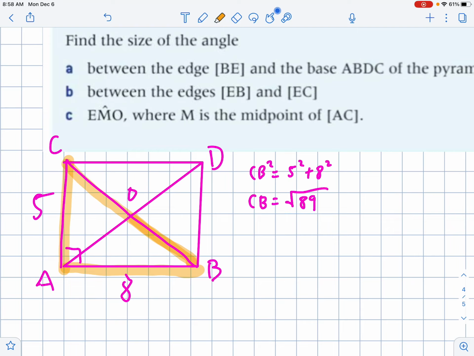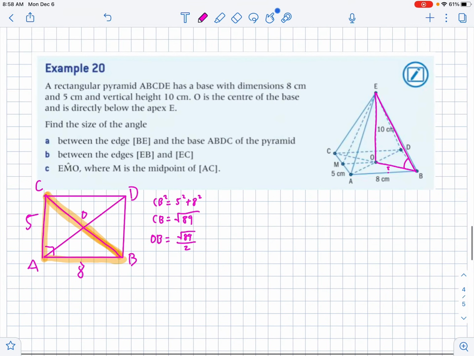But then that's the entire side of CB, and I want OB, which is half of that, because the diagonals of a rectangle bisect each other. So OB is equal to root 89 over 2.